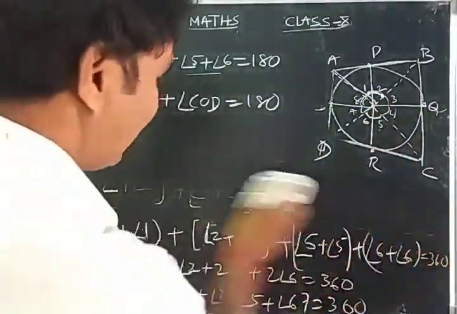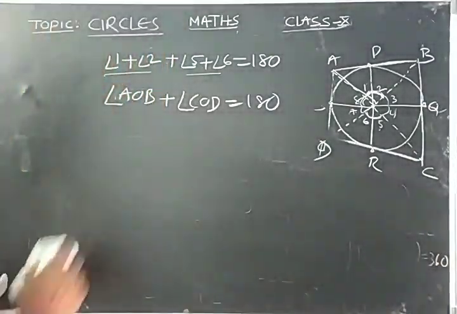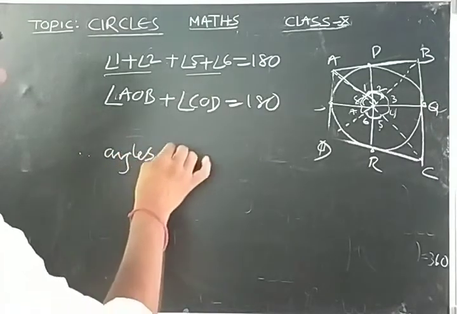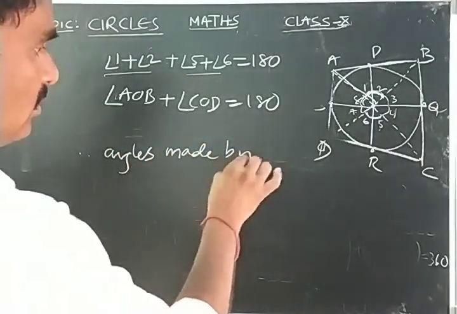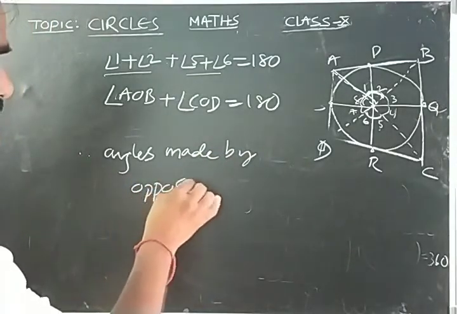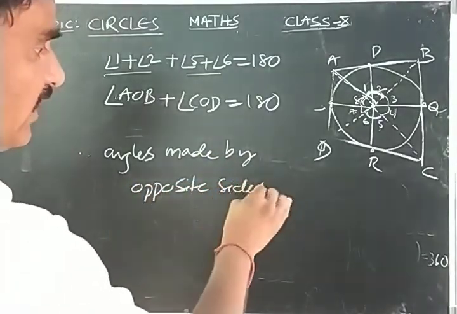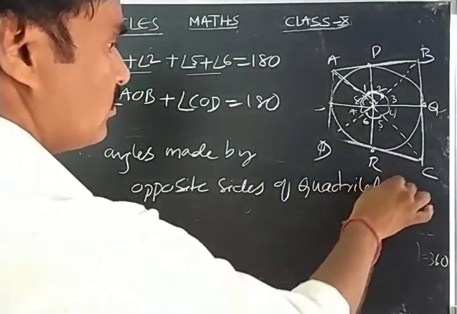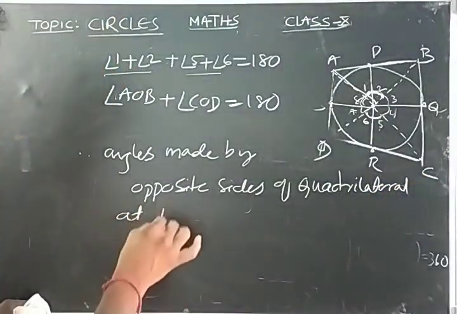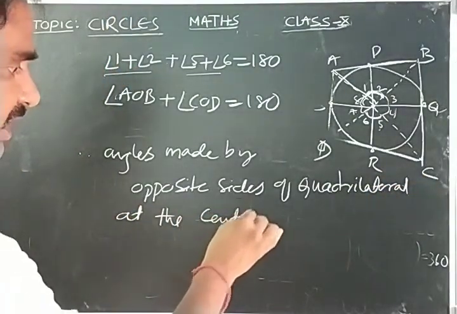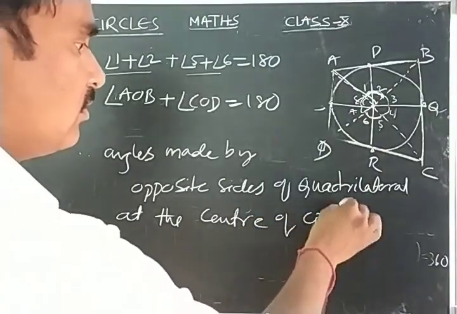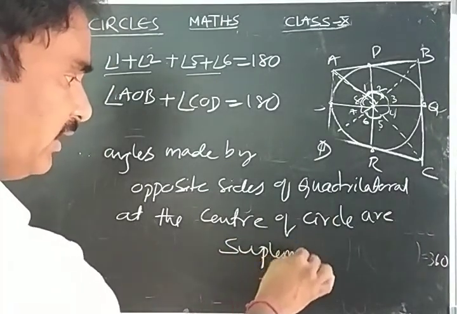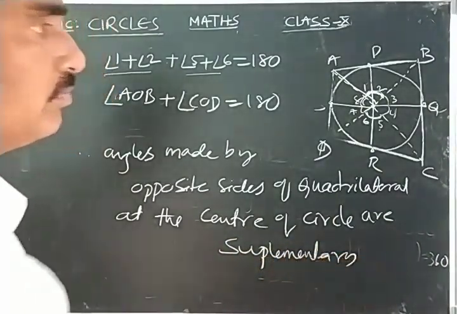Therefore, we can write: angles made by the opposite sides of the quadrilateral at the center of the circle are supplementary. That's all. Thank you.